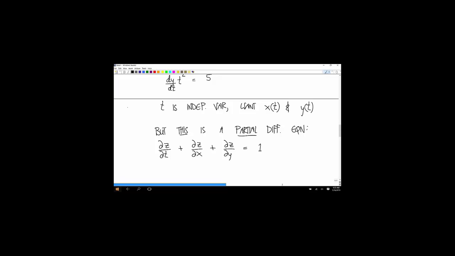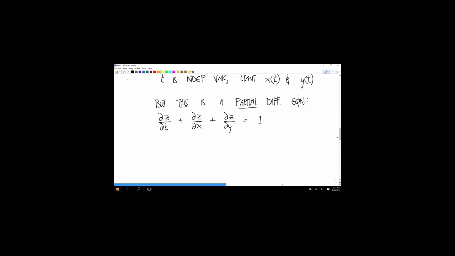And that's a partial differential equation because we have three independent variables, t, x, and y, and one dependent variable. We're looking for z, which is a function of t, x, and y.